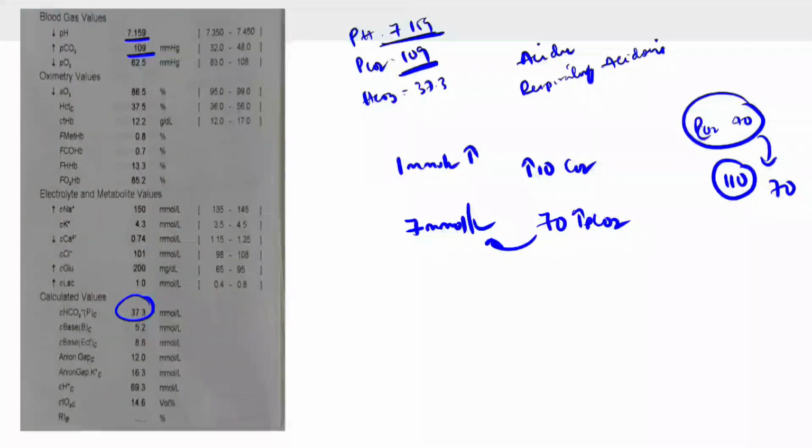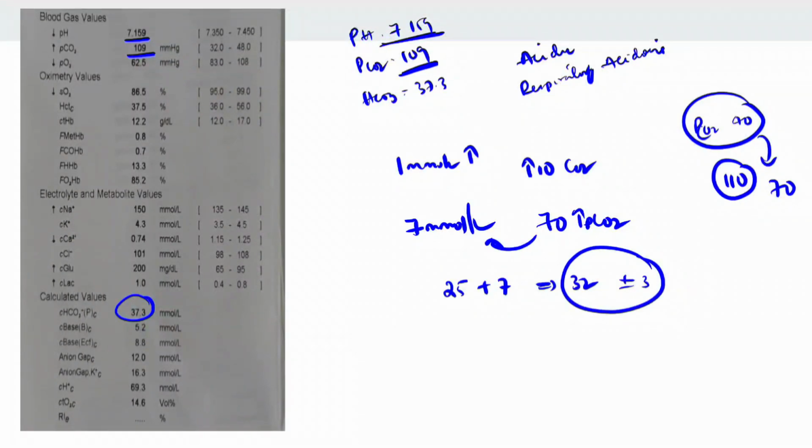What is the normal value of bicarb? The average value of bicarb is 25. To this we should add 7, and we get around 32. To get the estimated value of bicarbonate in respiratory acidosis compensation, we should add plus or minus 2 to 3 to this value.